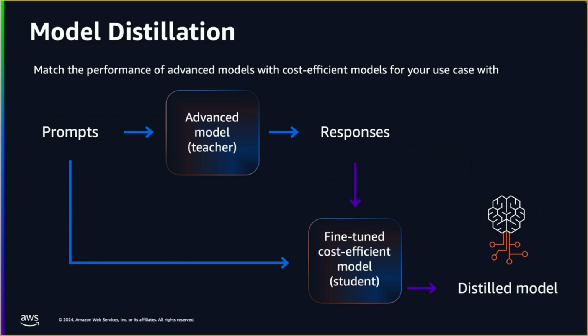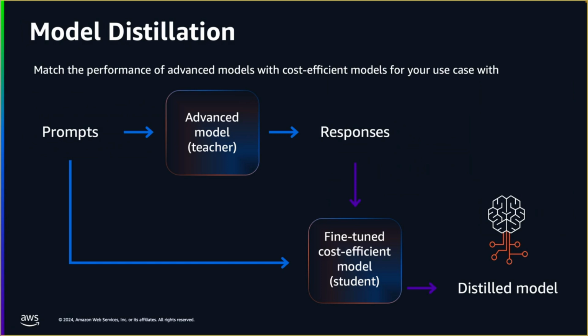You can increase model accuracy by teaching it from the prompts which you send to an advanced model, and fine-tuning the smaller model based on the prompts sent from your users or predefined prompts. So you can take a smaller model which has significantly lower cost and increase its accuracy, particularly for your set of prompts. And as a result, you have a distilled custom model which you can use to back your workloads.